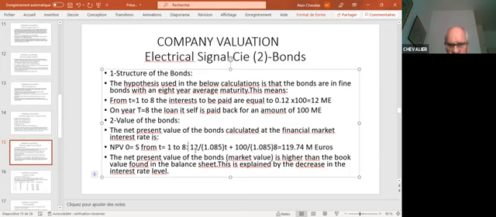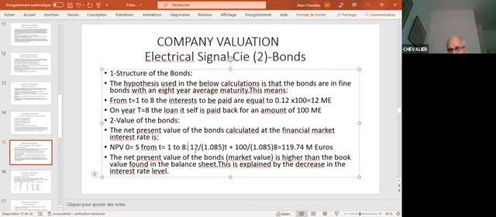You can read the last sentence here of the slide. The net present value of the bonds, market value, is higher than the book value found in the balance sheet.